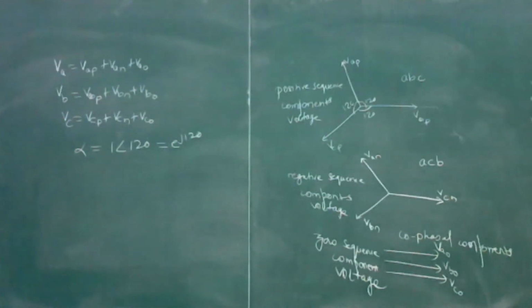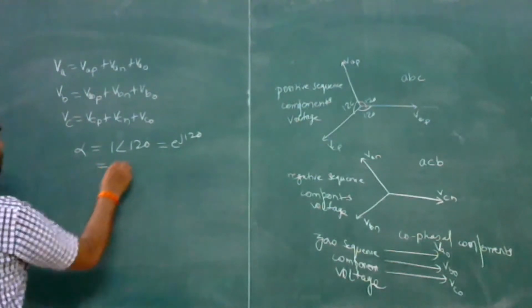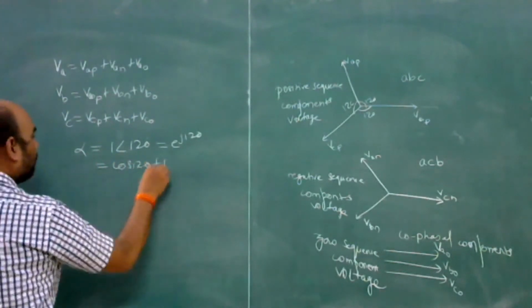Okay, so this alpha is an operator which has an angle of 120 degrees, equal to cos 120 plus j sin 120.